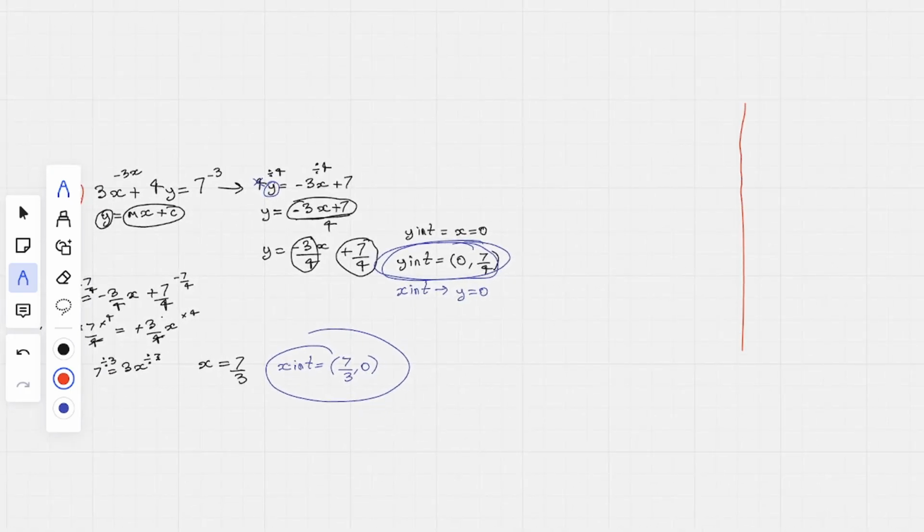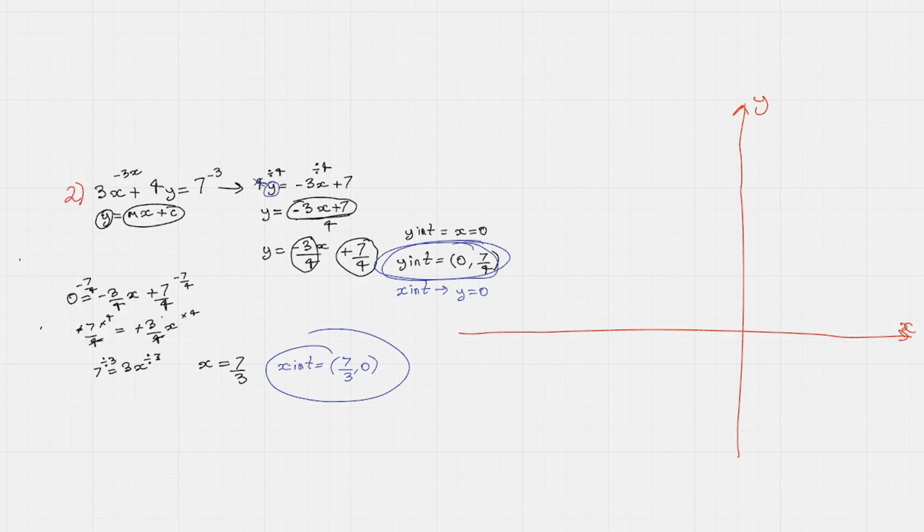So let me just draw a Cartesian plane. Label the axes. Always remember to label the axes, or then you guys won't get the full marks you need. It's just easy marks. Labeling the axes, very easy. Just remember to do it. So now we're going to plot the points. (7 over 3, 0) is on the positive side of the x-axis. That's over here.